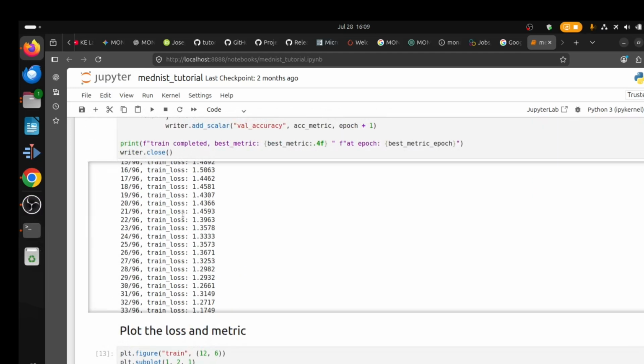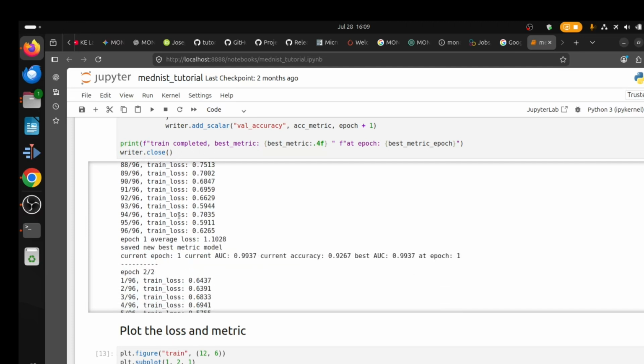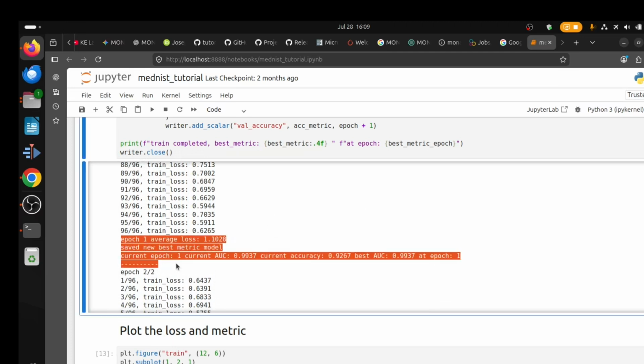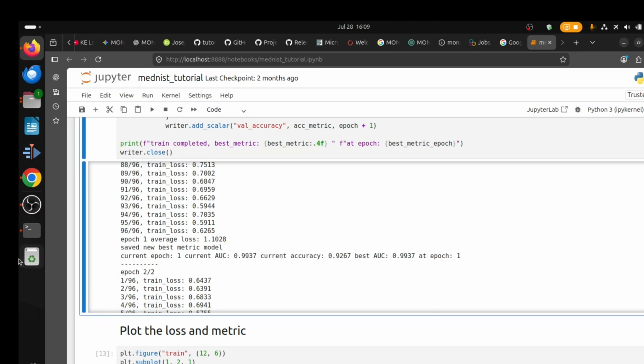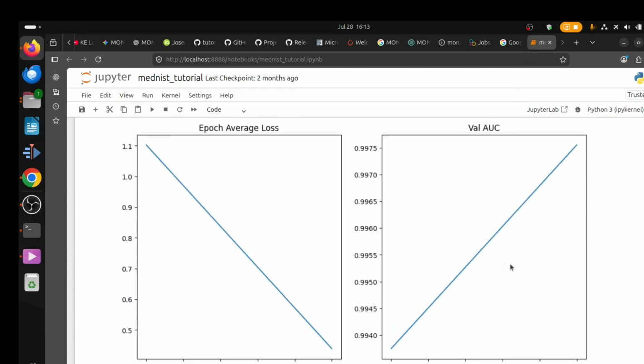The training began with epoch 1 of 2. During this first epoch, the model processed 96 training batches. You can see the training loss generally decreasing as the model processed the batches.